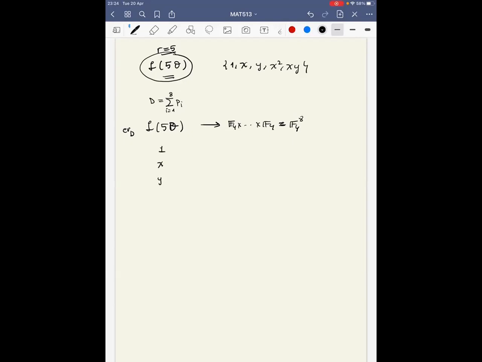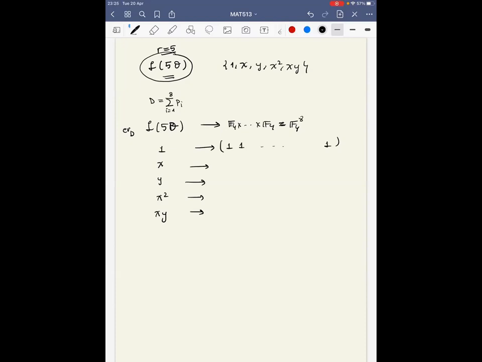Moreover, we can give the explicit form of the generator matrix of our Hermitian code, because the evaluation of the constant function is going to be the vector 1.